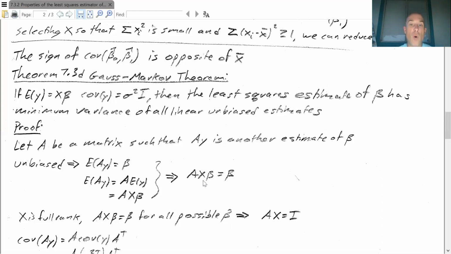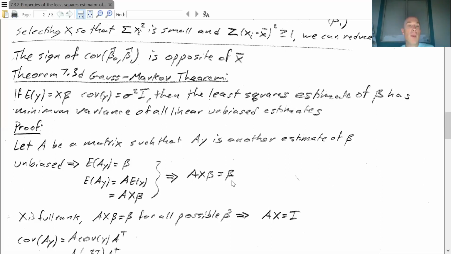If I subtract beta from both sides, then AX beta minus beta is equal to 0. If I factor out the beta, I have (AX minus I) times beta equal to 0.